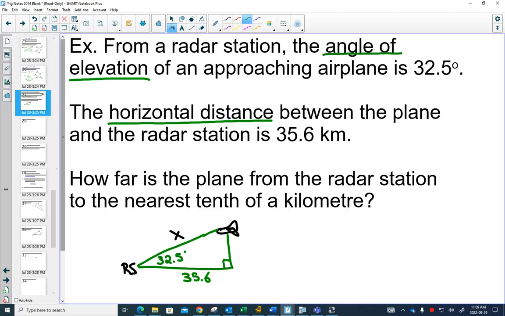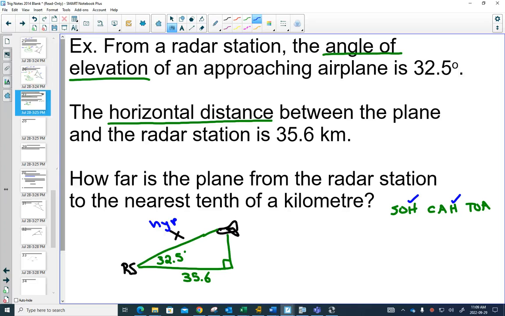Now that we have an accurate picture, we go to our definition of SOHCAHTOA. And which side do we want to find? Label our hypotenuse. We want to find our hypotenuse. So it's either going to be sine or cosine definition that we write.